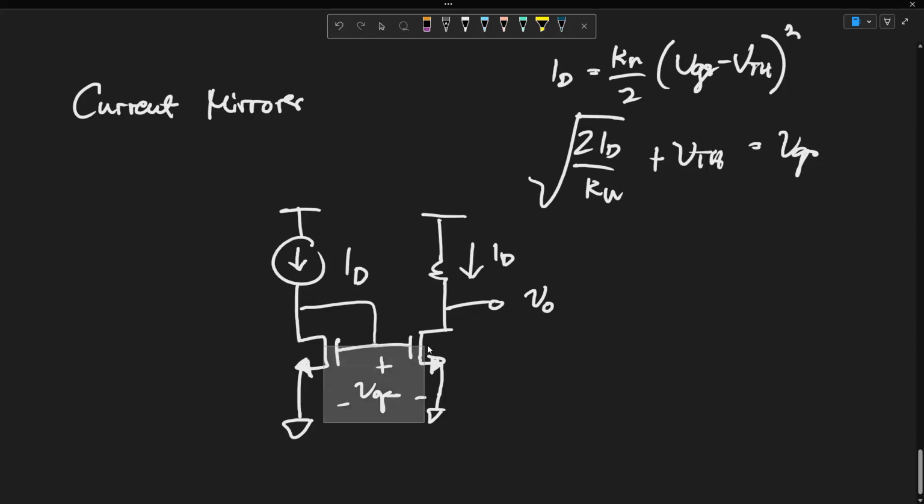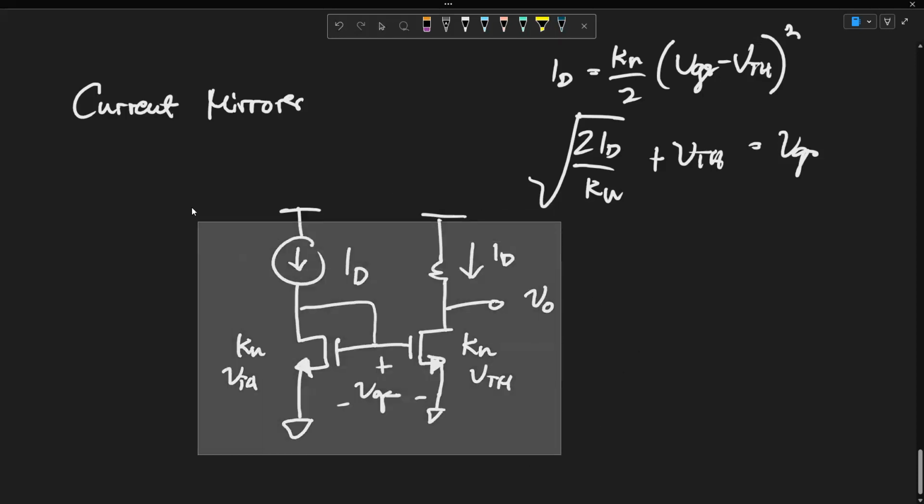Kasi if these two MOSFETs have the same Kn and the same VTH, then you're done. So long as they're matched, this ID passing through this MOS produces a VGS on this MOS, and all you need to do is connect this to this MOS, and you get an ID.